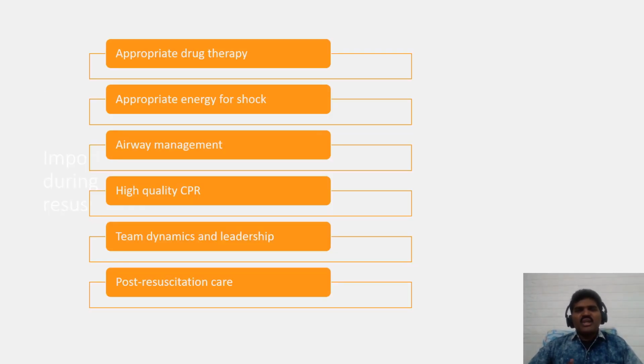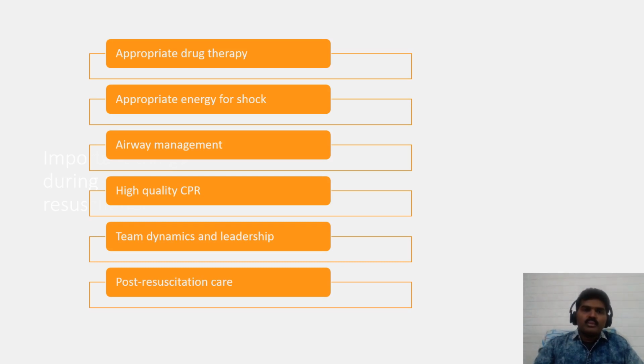The mainstay of management of a cardiac arrest patient includes appropriate drug therapy, appropriate energy for shock, proper airway management, high quality CPR, team dynamics and leadership, and post resuscitation care. So the drugs that are used in ACLS, you already know: adrenaline and amiodarone are the only drugs that you use in the cardiac arrest algorithm.